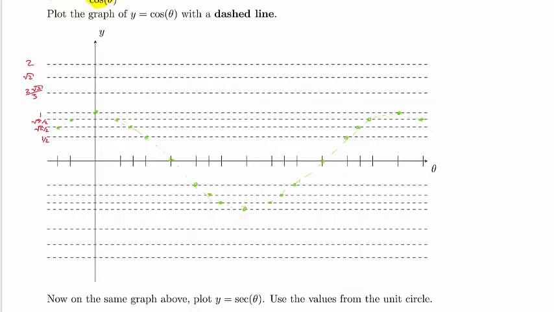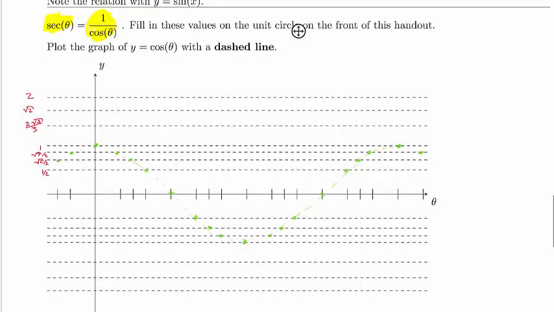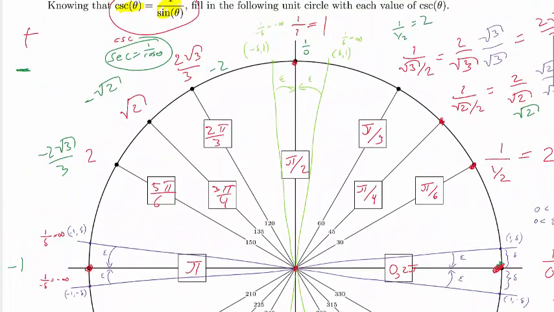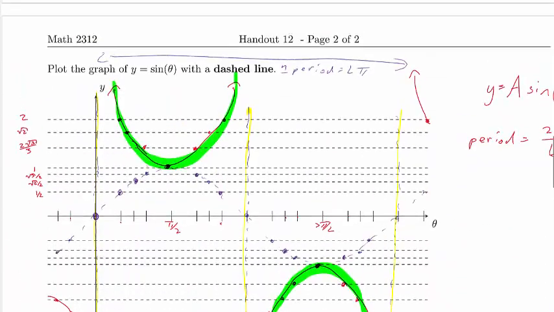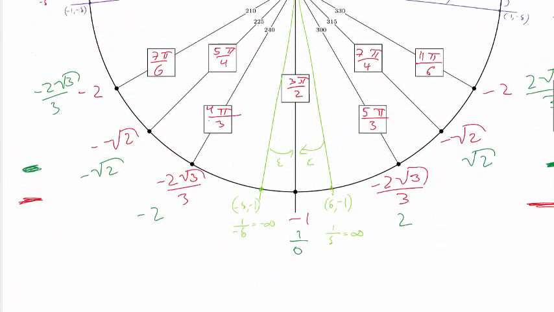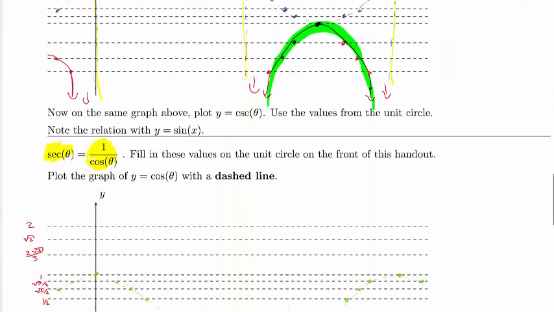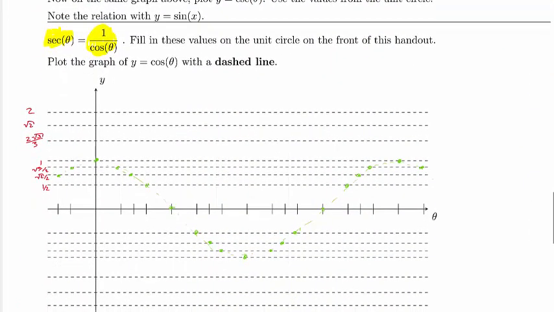Alright, so let's go ahead and take note of where all of our discontinuities were. For secant, we had one at pi over 2 here, and then another one at 3 pi over 2. So let's come over here. At pi over 2, that's right here.